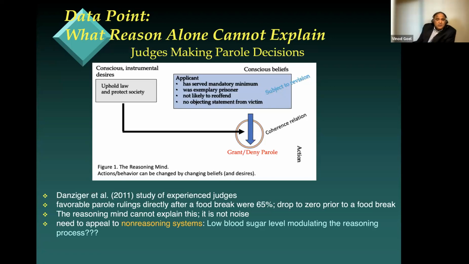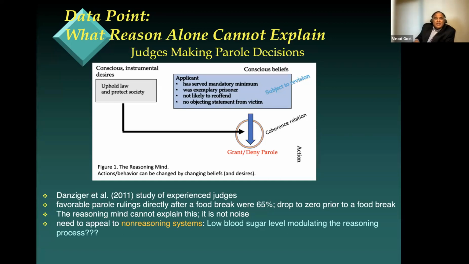And they note that directly after a food break, after they'd had lunch or a snack, favorable parole decisions were about 65%. They dropped to 0 prior to a food break. The reasoning mind cannot explain this, and it's not noise.